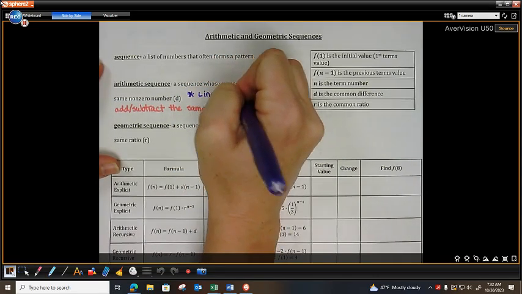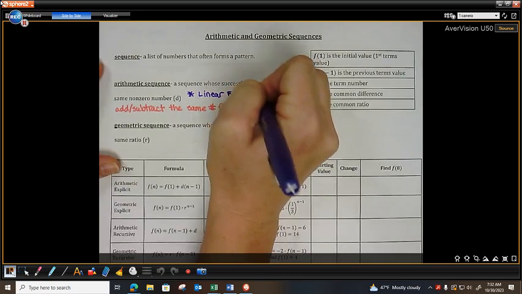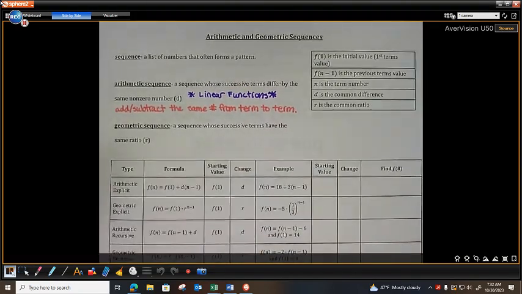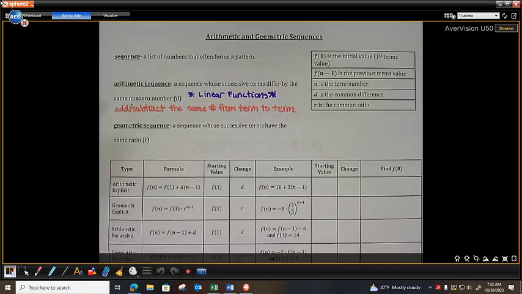We just completed 2 units over linear functions. Okay? So this day of sequences is kind of going to bridge what we just completed to now the next function we're going to move on to. So arithmetic sequences are an example of linear functions. Okay? You add or subtract from one number to the next to get the next number in the sequence.